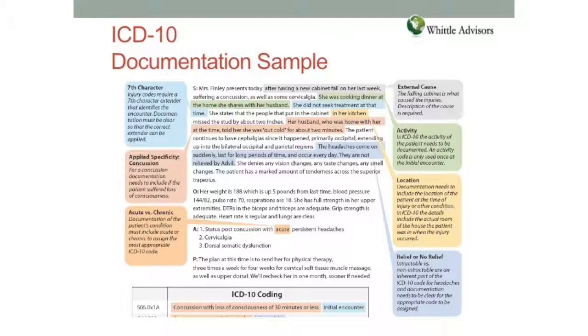Now, some of the additional detail is this statement here in orange that says her husband was home with her at the time and told her she was out cold for more than 2 minutes. Wow, do you get that kind of detail today? It might be important in the future because that helps us to verify that she has ongoing problems, helps us to distinguish between chronic and acute problems, the fact that we're gaining some specificity here.